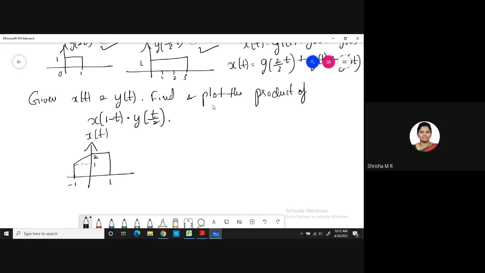So from minus 1, it is like this. This is 1. But just a minute, the amplitude is different. Here it is 4 and here it is 2. So given x of t and y of t, try to plot x of 1 minus t and y of t by 2.